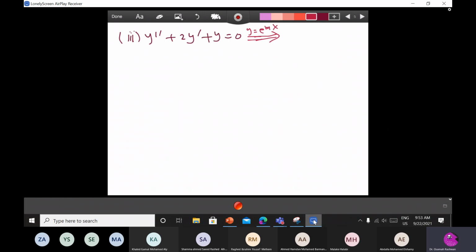So this one will be transformed into an algebraic equation: m squared plus 2m plus 1 equal to 0. Yes, it is a complete square. m plus 1 squared equal to 0, right? So m equal to minus 1, and the other root is a repeated root.